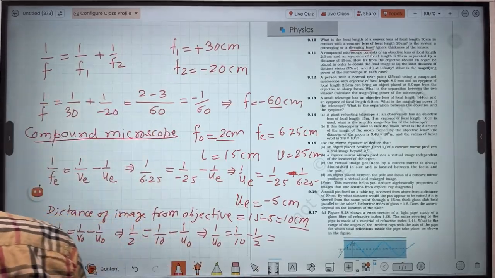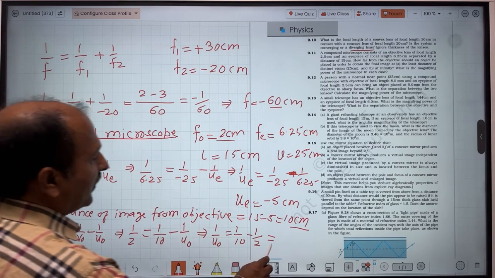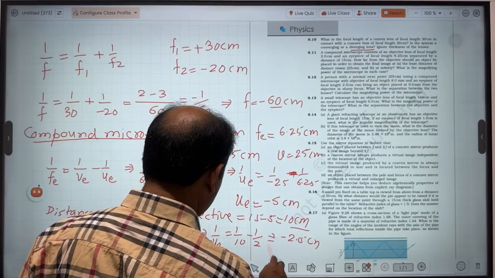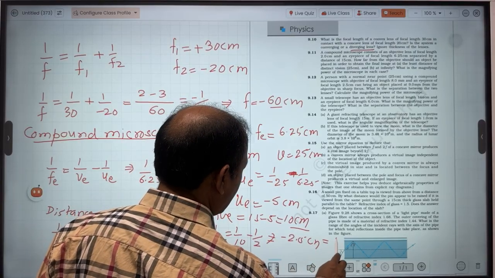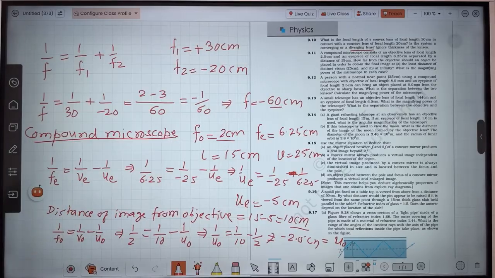So we can evaluate it. This will become minus 2.5 centimeter, which is equal to UO. Correct? I think up to here the thing is clear.